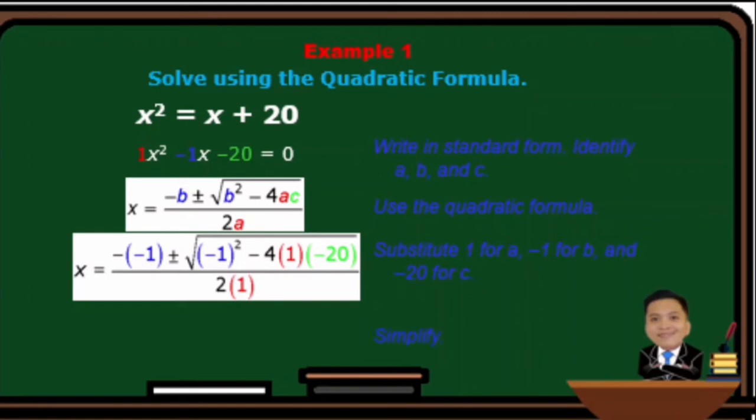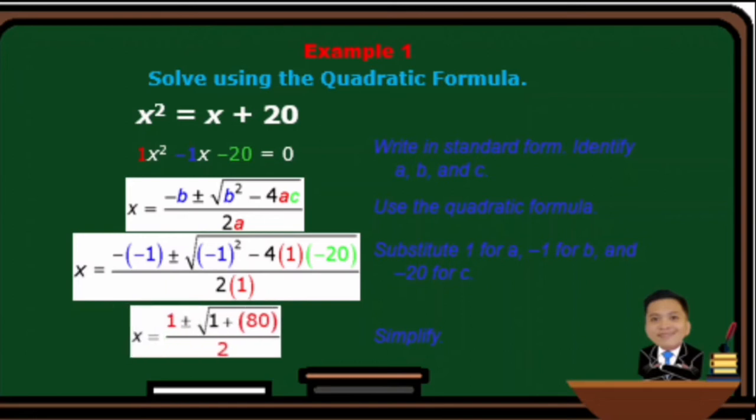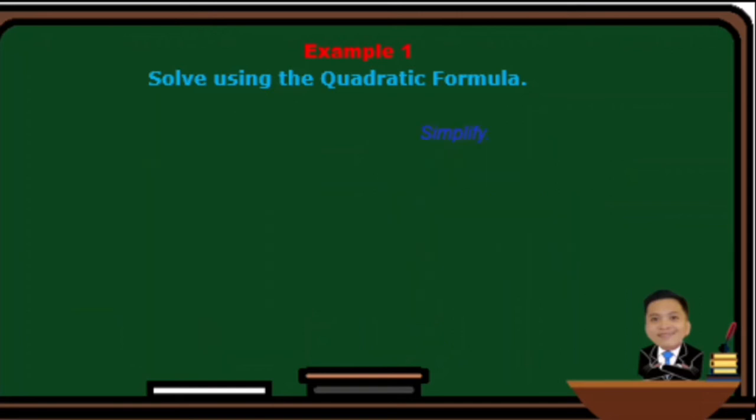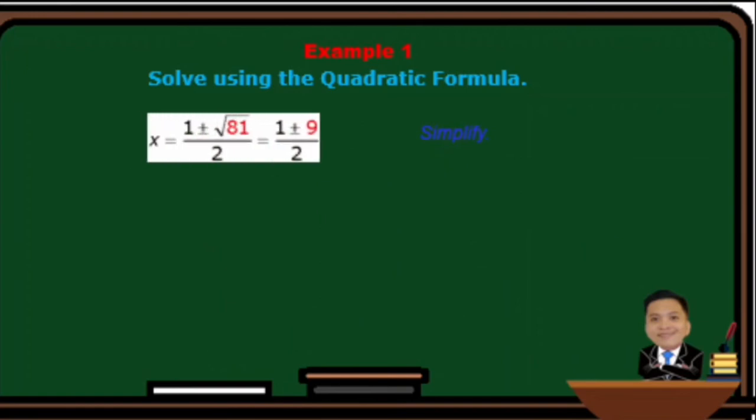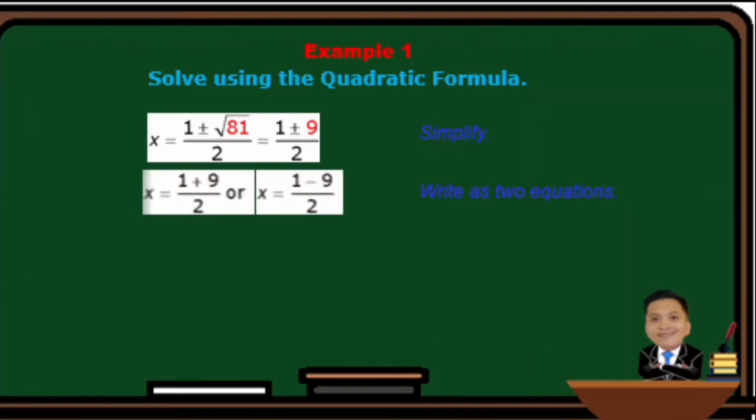Simplify, and we will get x is equal to 1 plus or minus square root of 1 plus 80 all over 2. Simplify it further, we will get 1 plus or minus 9 over 2. Write as two equations.